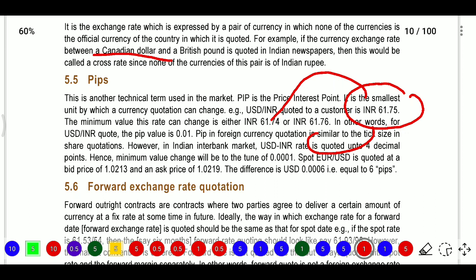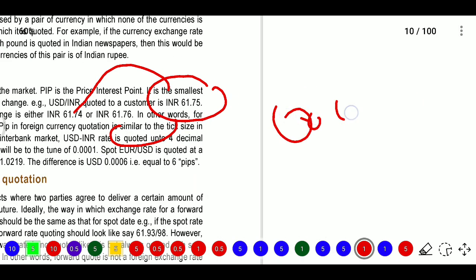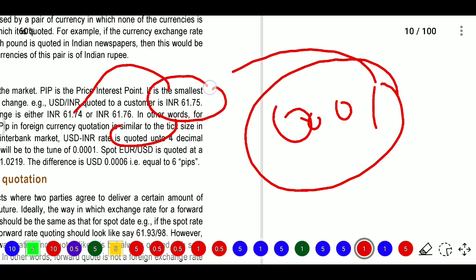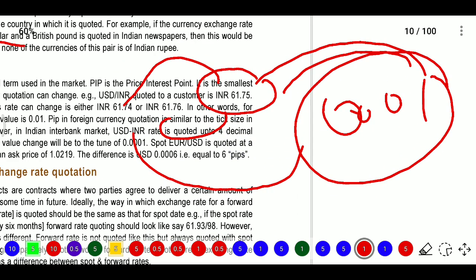In other words, for a USD/INR quote the PIP will be 0.01, meaning we will deduct from this or add to this to get the currency quotation. A foreign currency quotation is similar to the tick size of a share quotation. Whatever the change is, that change is the PIP.